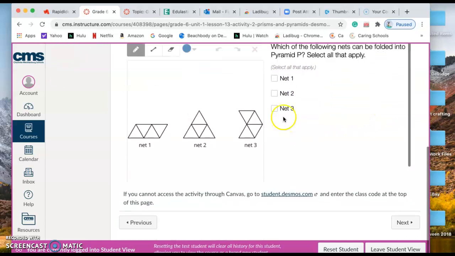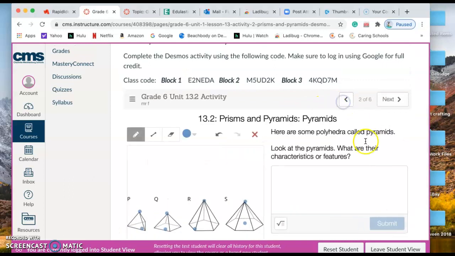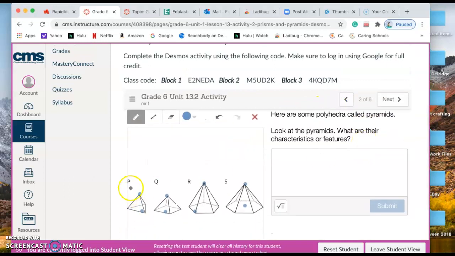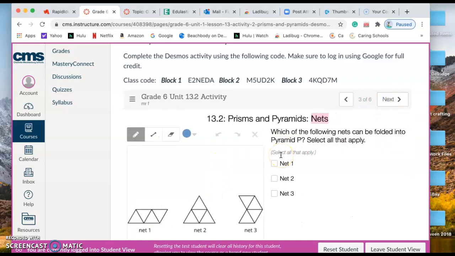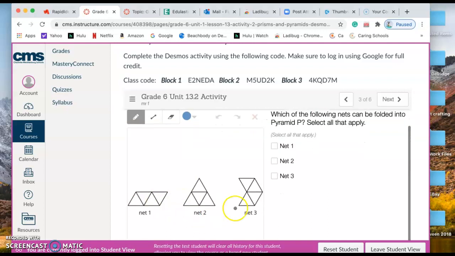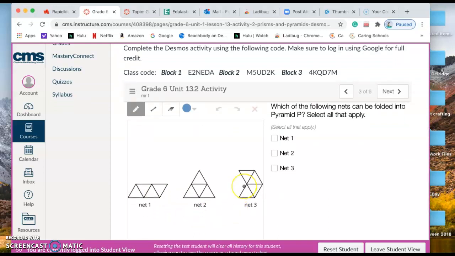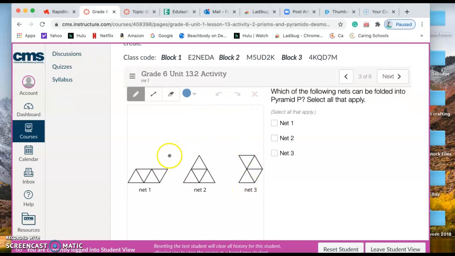So if you had pyramid P, that was on the back. Here's P, right? It's a triangular prism. Which of these nets would form that? That's our job. We're trying to take these 2D shapes, pretend it's like some origami, you're about to fold those up. Would net 1, net 2, and net 3 make P? We're trying to figure out which one of those would fit.